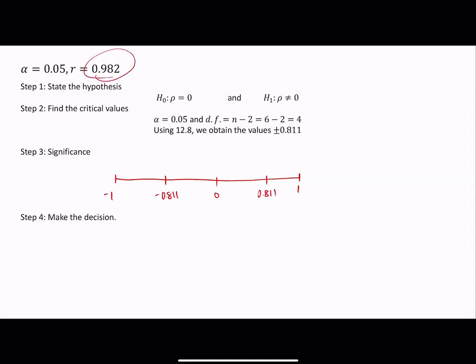Our R is 0.982. So where does that lie? Our 0.982 is somewhere out here. So if you think about it, is R between the two critical values or no? No, it's on the outside. So R is significant. And because R is significant, we reject the null hypothesis.